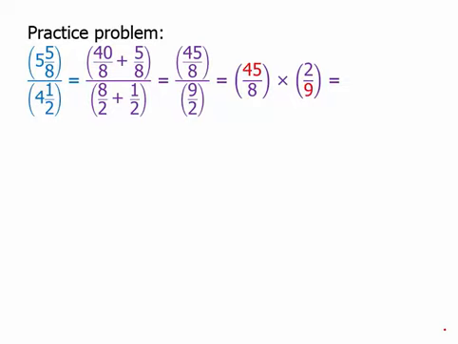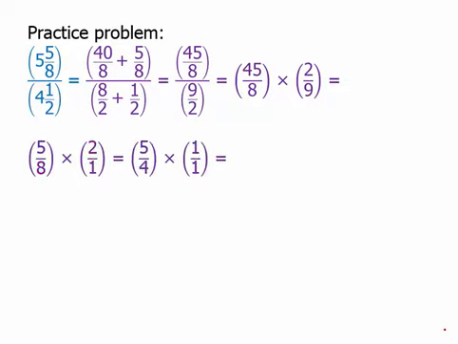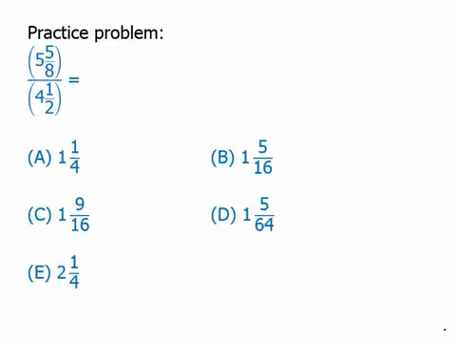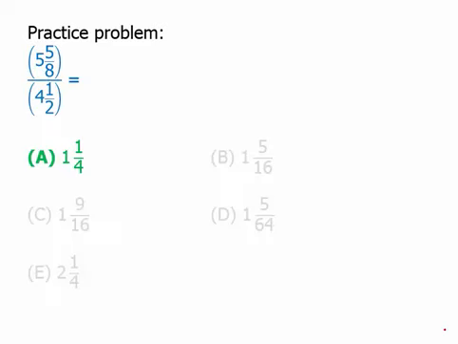Cancel the factors of 9. Cancel the factors of 2. And I just get ordinary 5/4. And of course, now that we have that answer, I'll just rewrite that as a mixed numeral, 1 and 1/4. So it turns out the quotient is 1 and 1/4. Answer choice A.